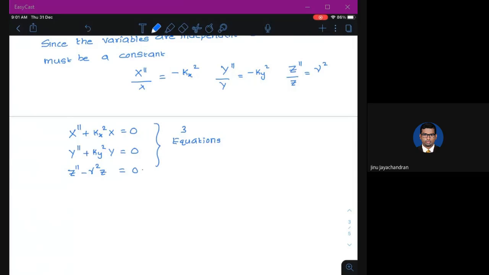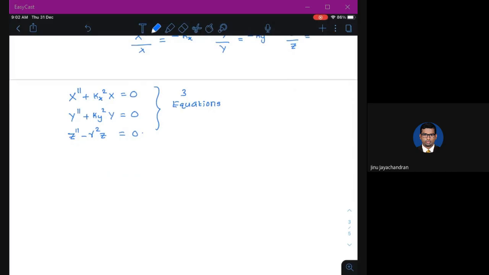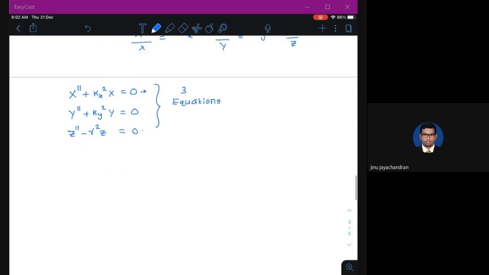Each of these equations is a second order first degree equation, and you know the solution of this equation. I'm not going to derive the solution. The solution of the equation, let's say I number these as 1, 2, and 3.